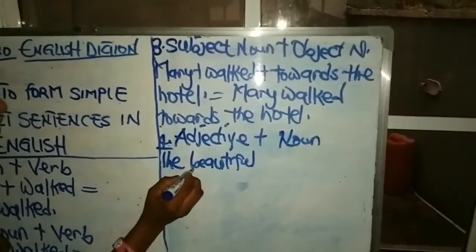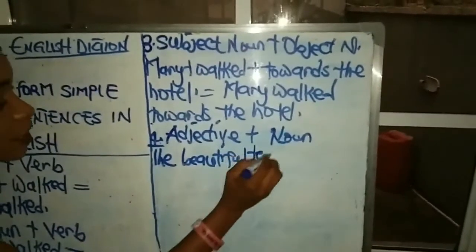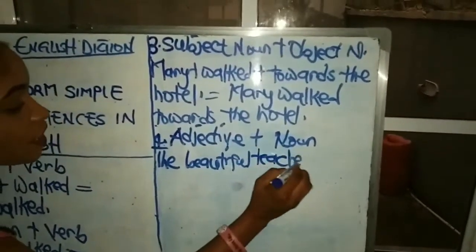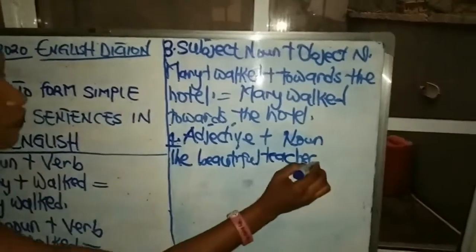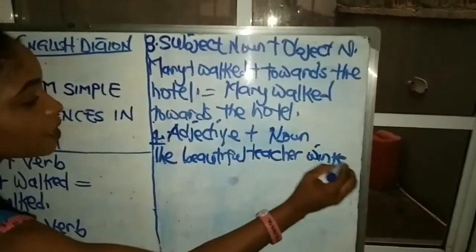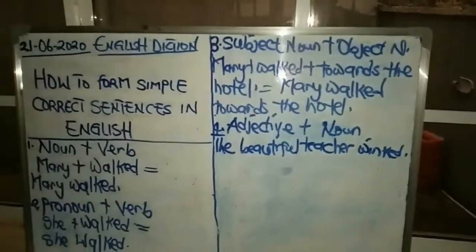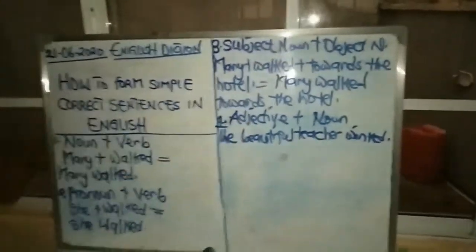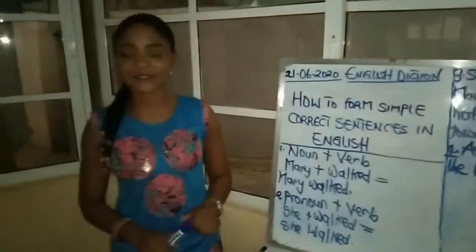So this is the adjective, beautiful. The next thing that we're going to do is to put a noun, which is teacher. The beautiful teacher. You can say more and add the word went. So we have, the beautiful teacher went. Remember, adjectives describe nouns and usually come before the noun in a sentence.